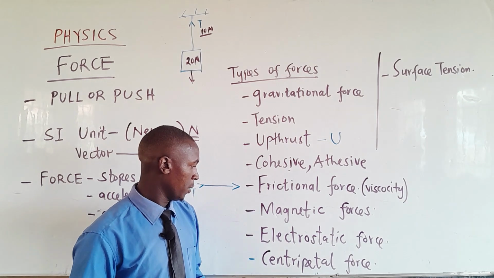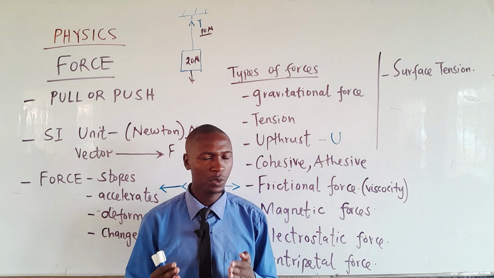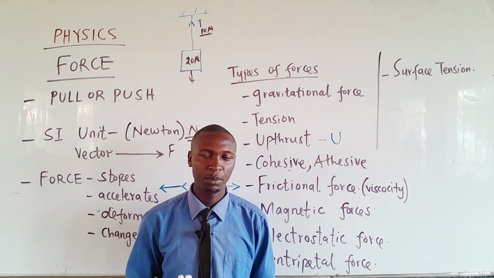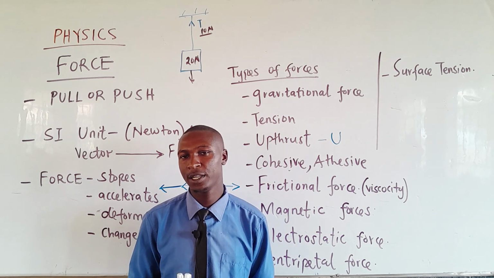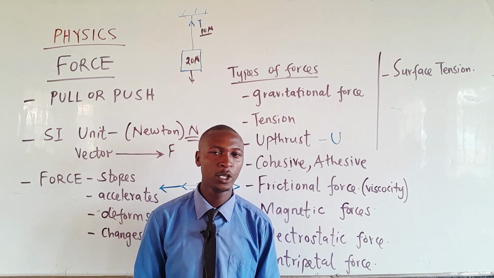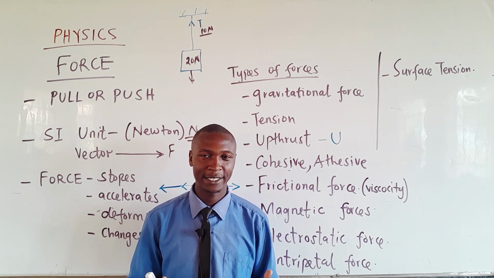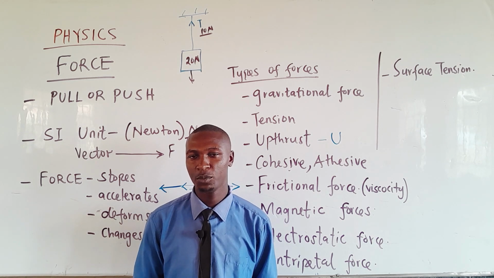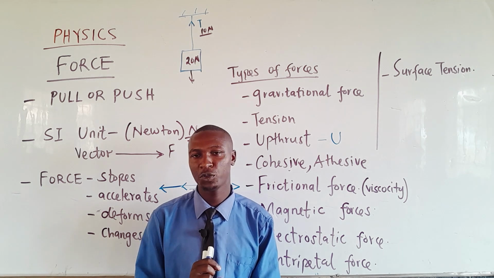Now, we can also talk about electrostatic force. Electrostatic force is almost similar to magnetic force, but here we're talking about charges. How do charges attract each other, or how do they repel each other? Remember, charges can either be positive or negative. If you have two charges that are alike, both of them positive, then if you bring them closer together, you expect some repulsion of those charges.